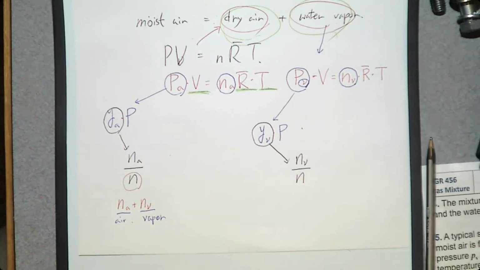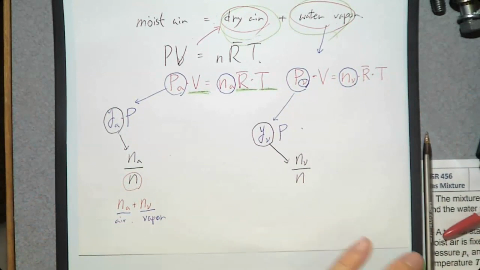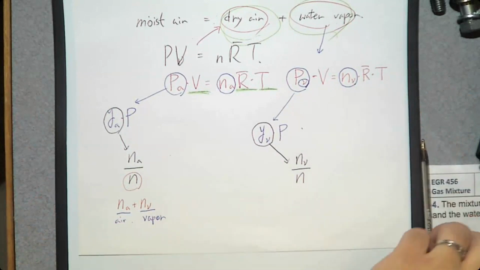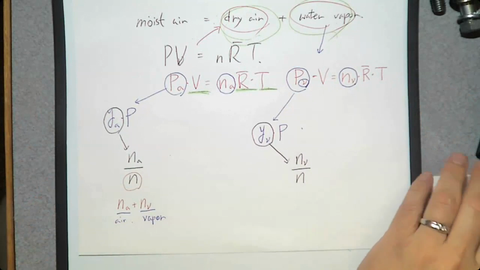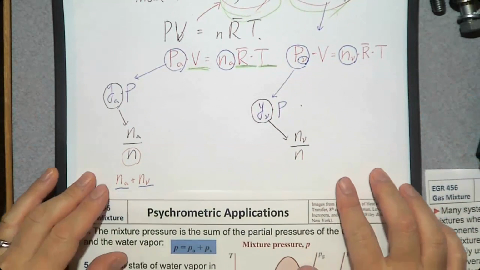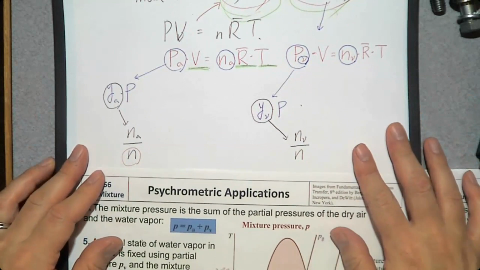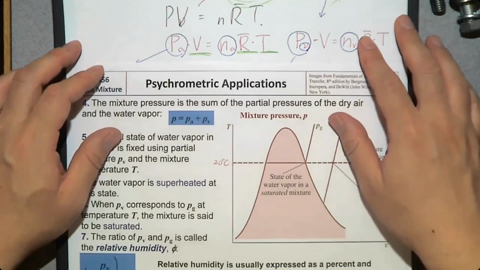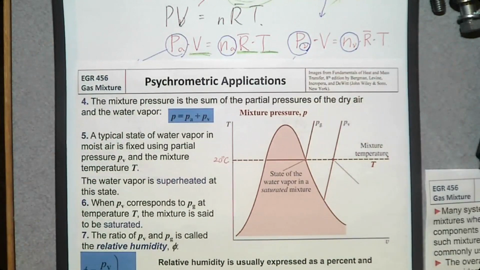Then can we have what is the maximum amount of water vapor that can be present in dry air? We can determine the amount of water vapor by using this Tv diagram.